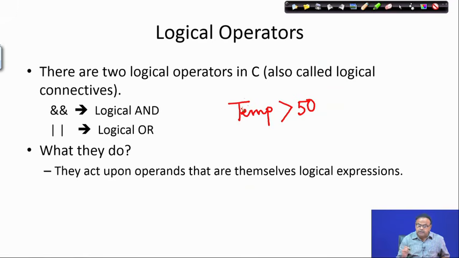Suppose the temperature now is 40 degree centigrade, then temperature greater than 50 will result in a false value, because a relational operator will always generate either true or false.